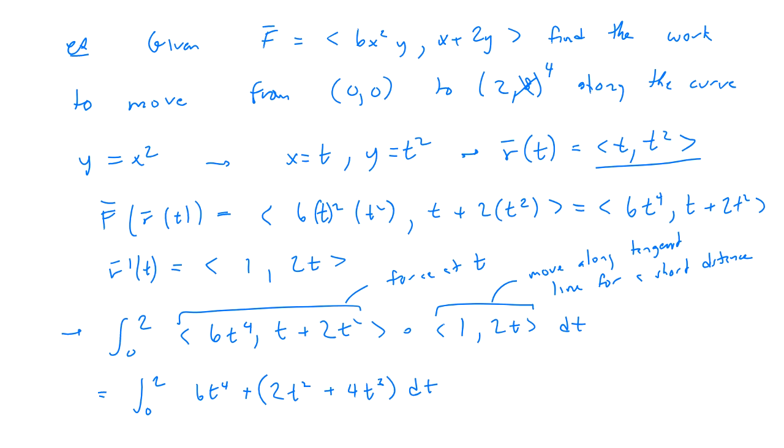So when I take the dot product, I get that. I do the usual thing, I take the antiderivative. I messed that up. That's a t cubed, so this should be 3.